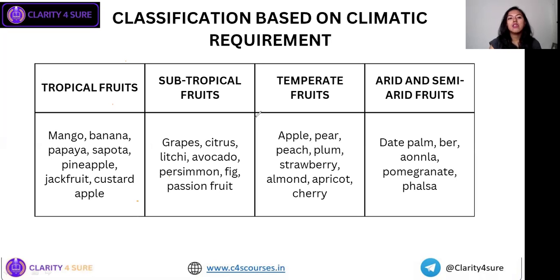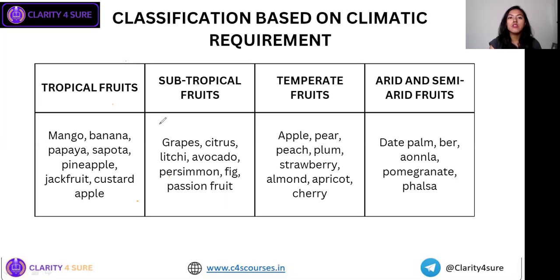And if you see tropical fruits and subtropical fruits, you can grow tropical fruit in subtropical regions and subtropical fruits in tropical regions as well. Okay, so there is not a very strict distinction between tropical fruits and subtropical fruits. But then there are temperate fruits, which require a pretty cold climate.